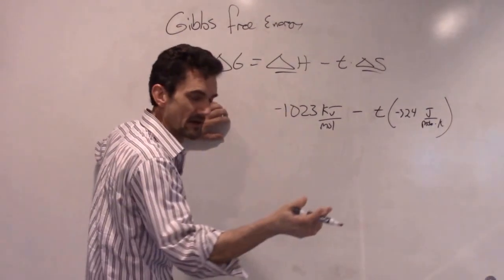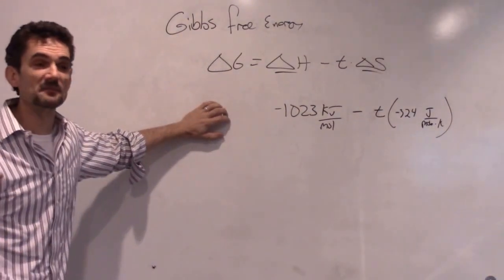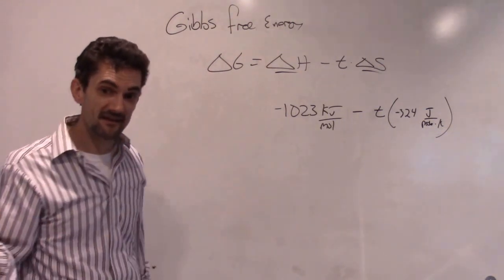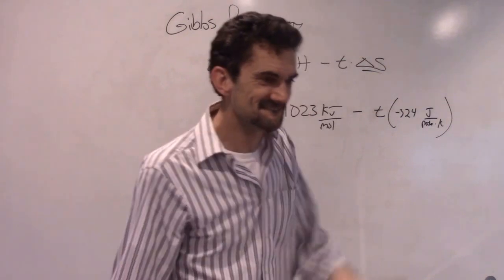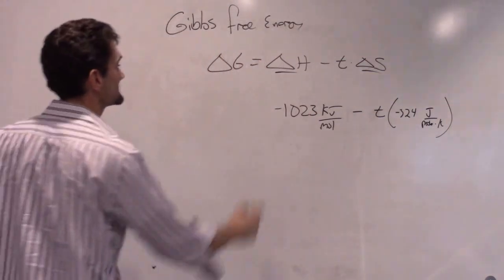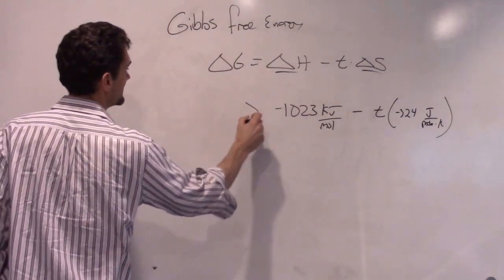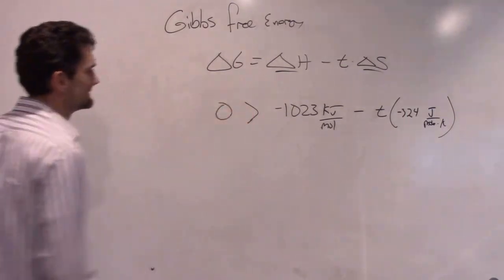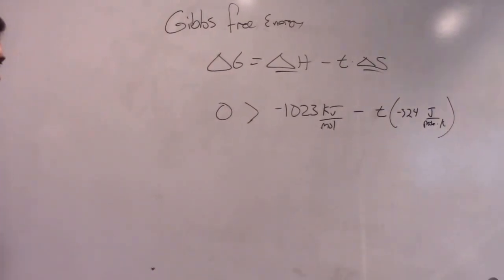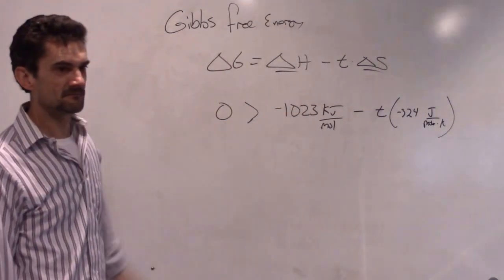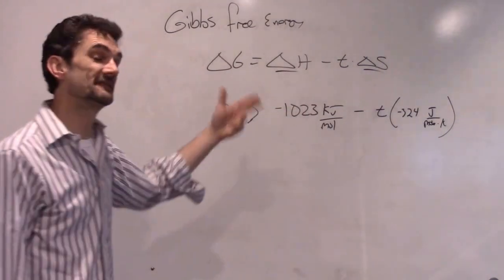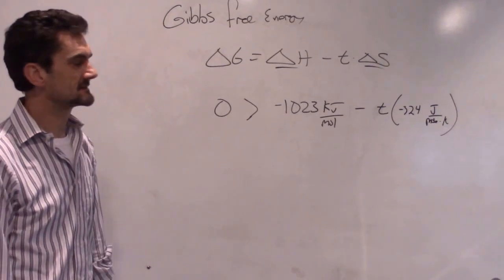All of this has to be less than 0. Because if all this is less than 0, it's going to be negative, and if it's negative, it's spontaneous.